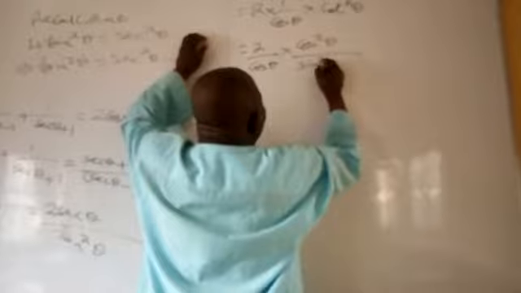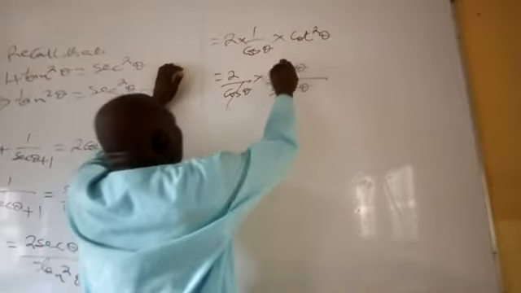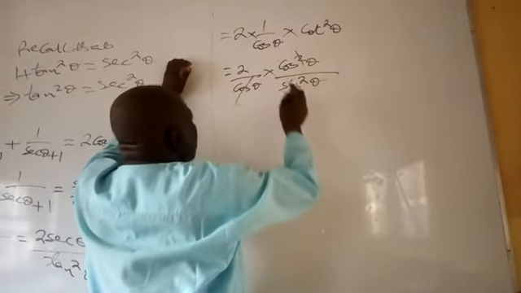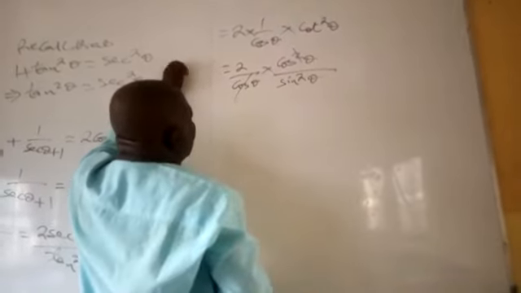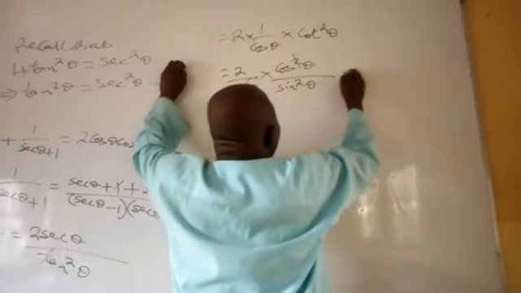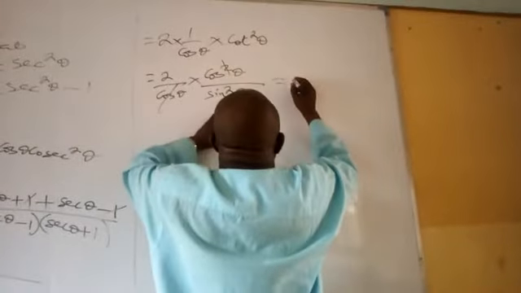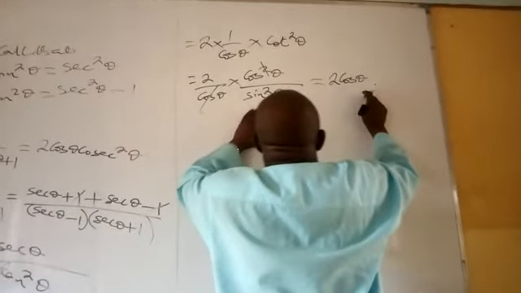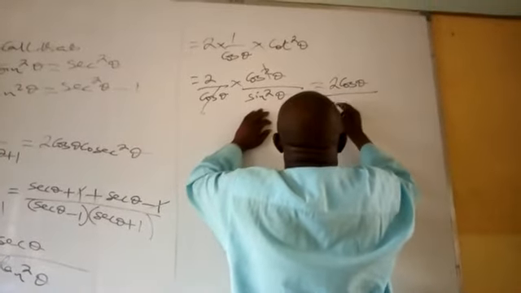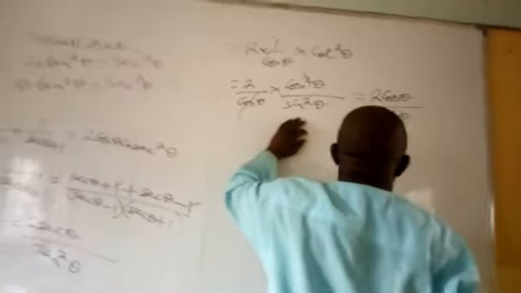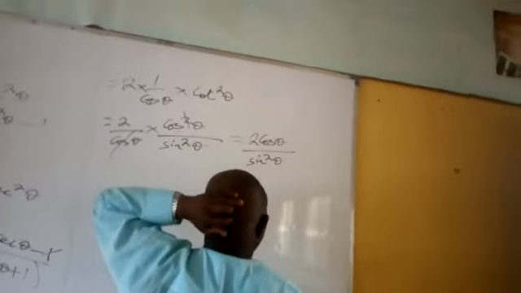Now, cos theta will cancel 1 cos theta here. So what am I left with? I will be left with 2 cos theta over sine square theta.